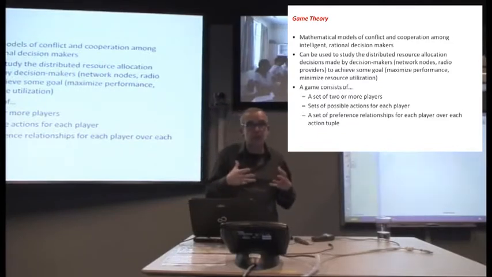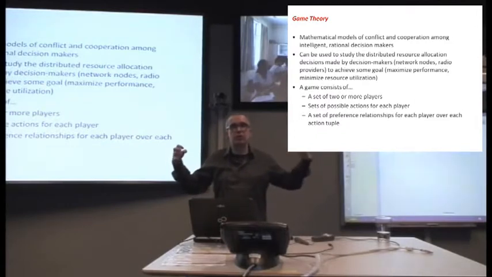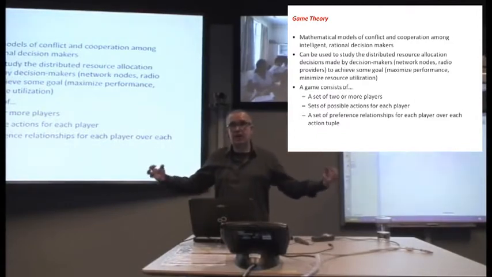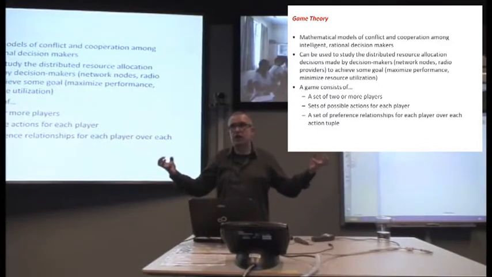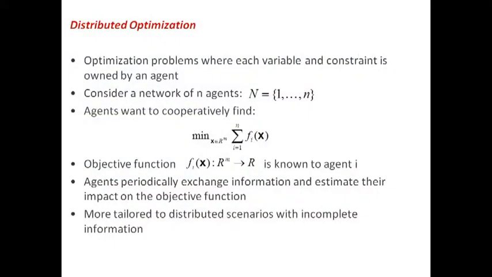So again, it's an optimization problem, but it's not only a distributed optimization problem, but one where the different agents, the different players, are trying to maximize different things. So it's no longer just this distributed optimization problem where everyone was trying to distributedly maximize the same function.